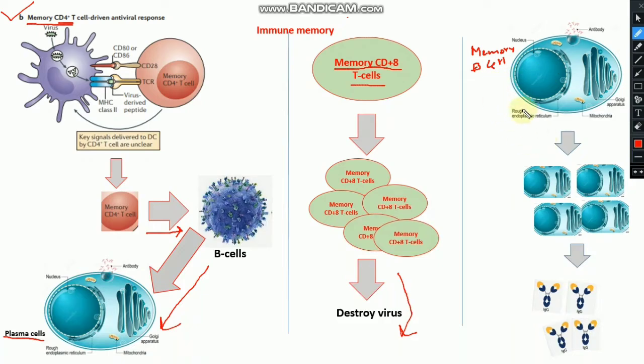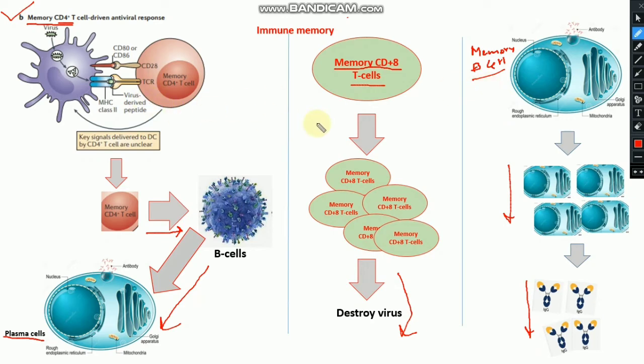At the time of this reinfection, these memory B cells get activated and they multiply, they proliferate, and they produce the specific antibody that can destroy that specific pathogen, because these memory B cells are also trained.